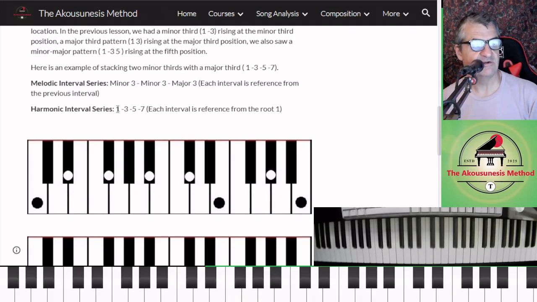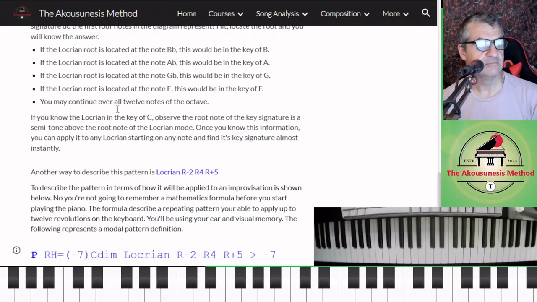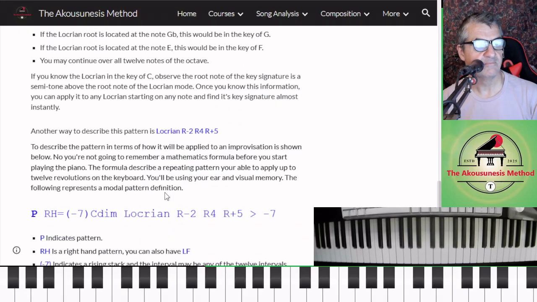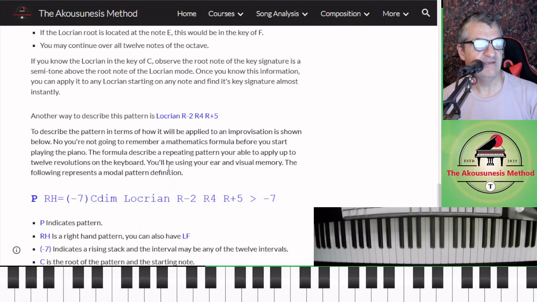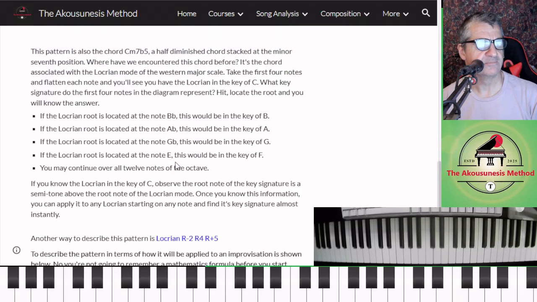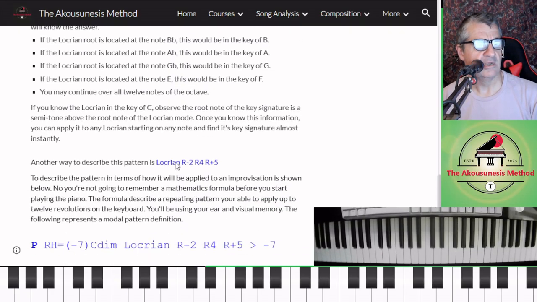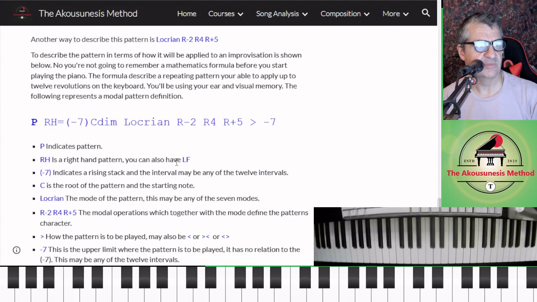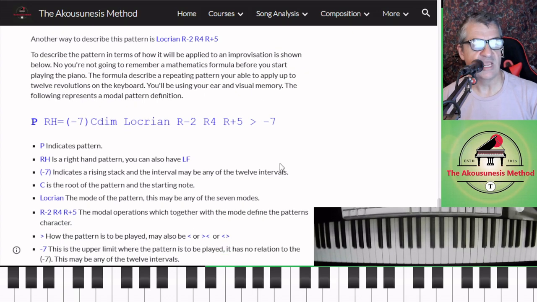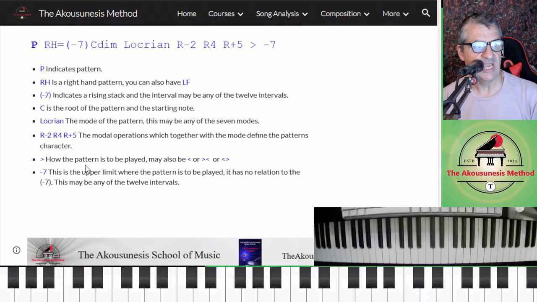Now, how can we describe that? Well, we're going to have a look. We're going to go straight to here. And now I'm going to explain this step by step, and it's really not that difficult. The first thing you're going to focus on, you're going to just get rid of all this noise here for a start.